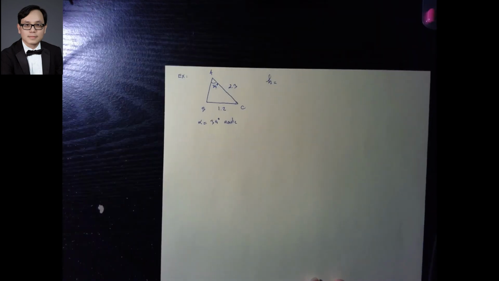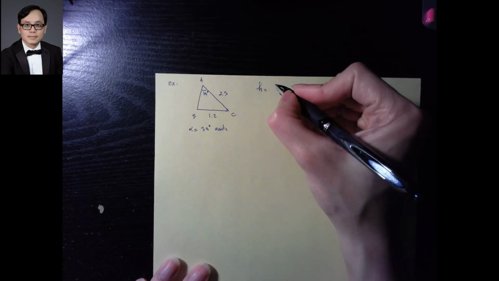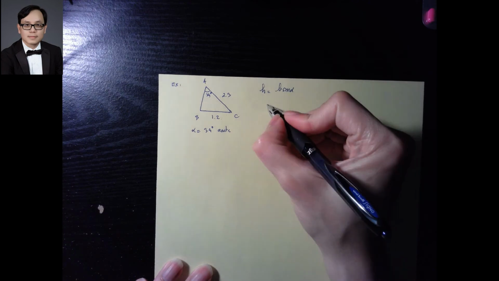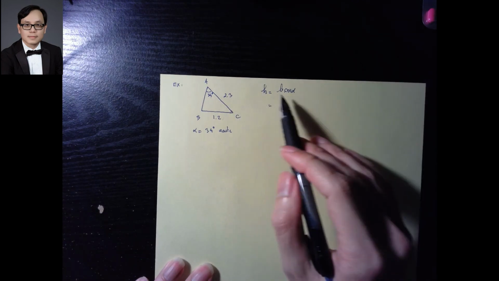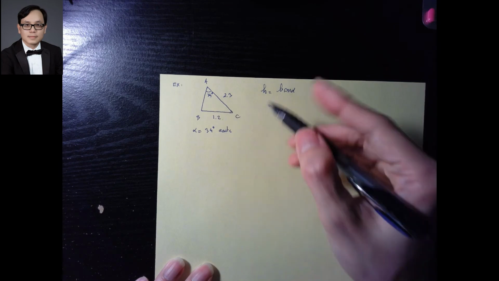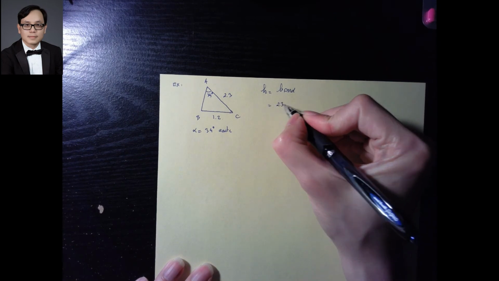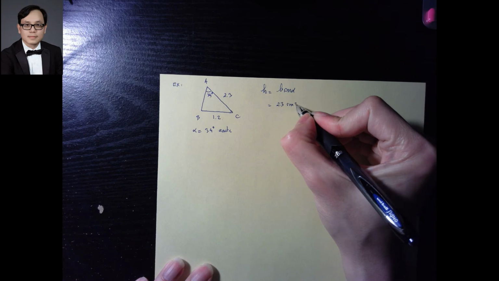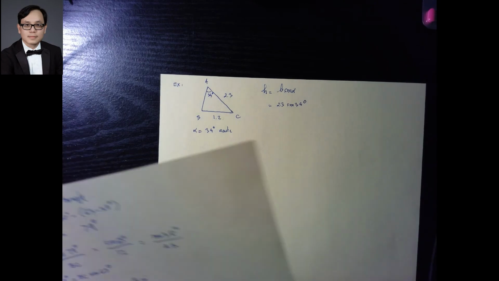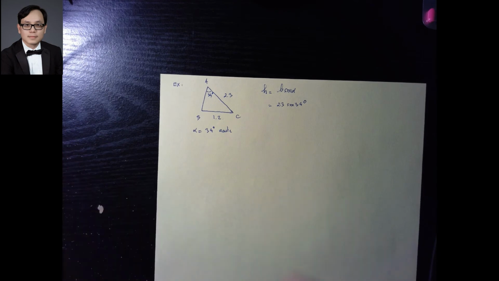All right, so I'm going to calculate h. h equals b sine alpha, where b is the side adjacent to the angle alpha. So b is 2.3 and alpha is 34 degrees.